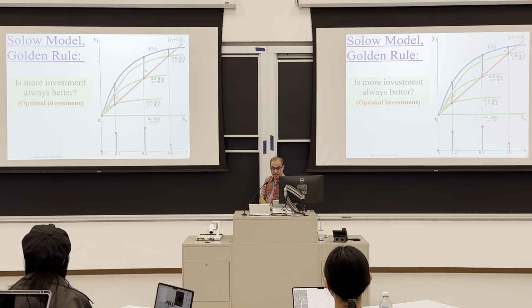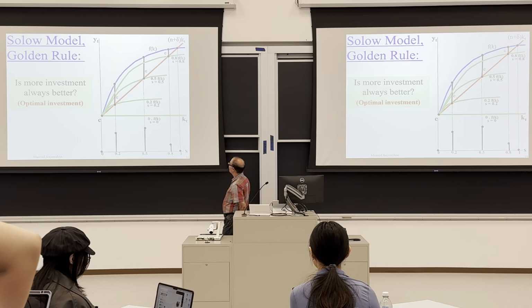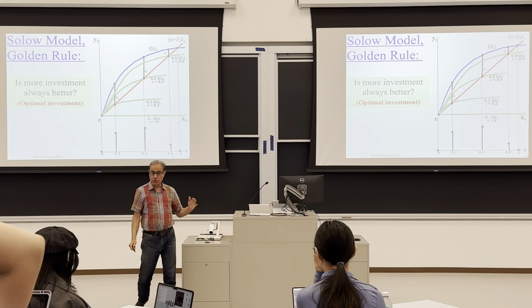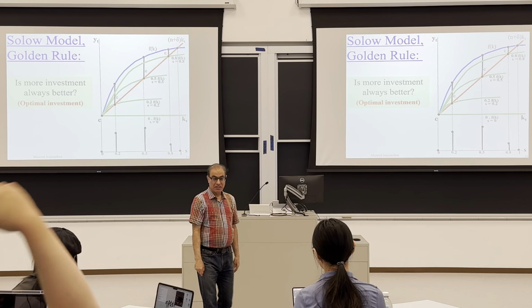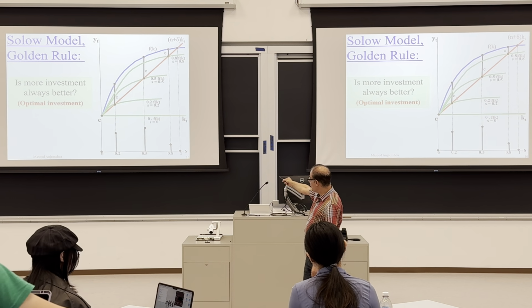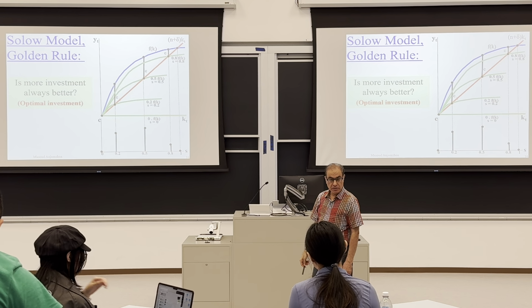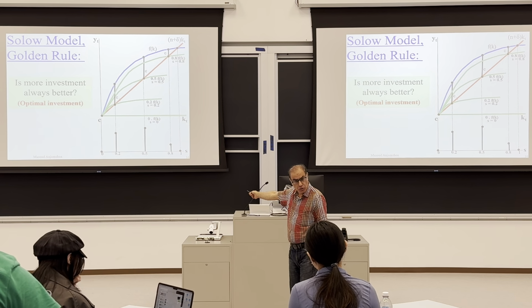The funny part is, if the saving rate is 100%, then what happens? s f of k_t, when s is 1, would be the production function. So as you can see, when the saving rate is 1, production is maximum. But what is consumption? 0.